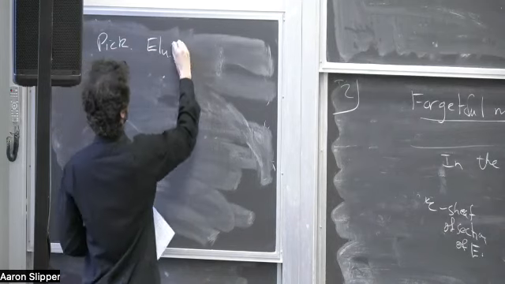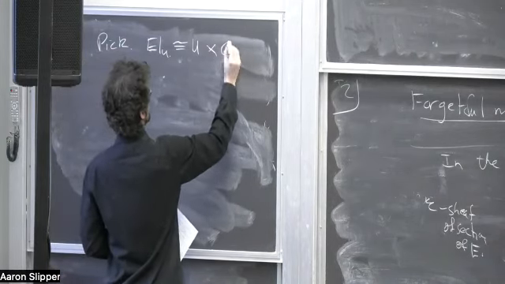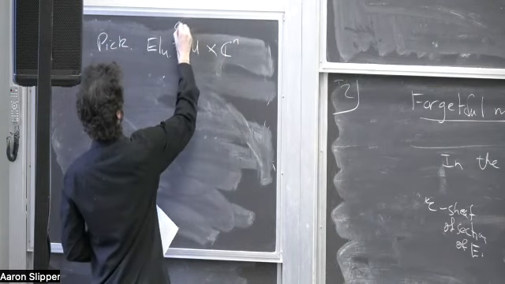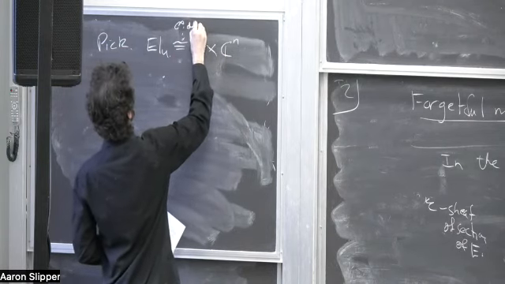E restricted to U is isomorphic to U cross C^n, this is a C infinity trivialization.